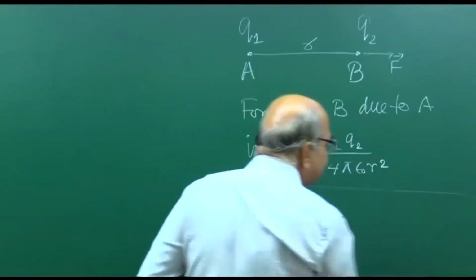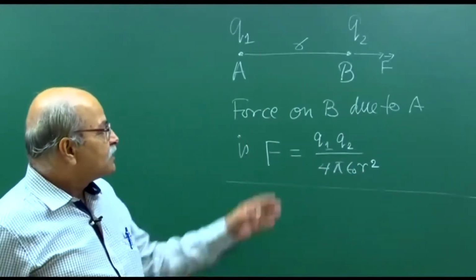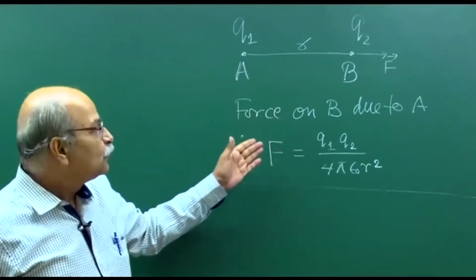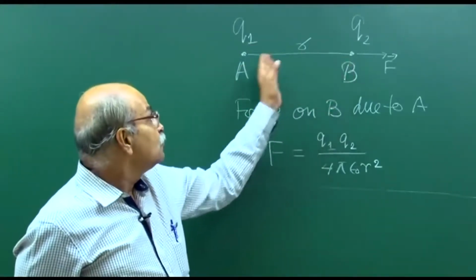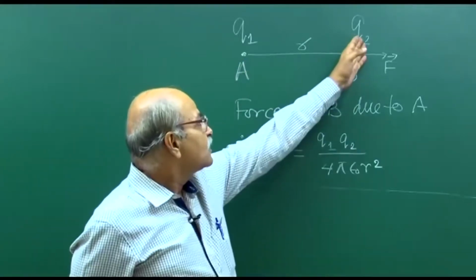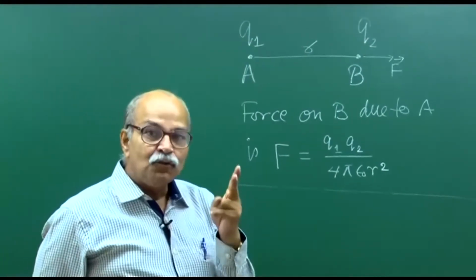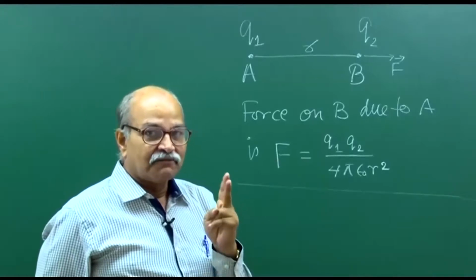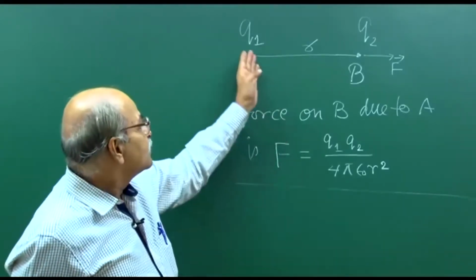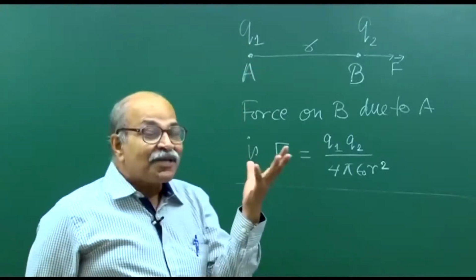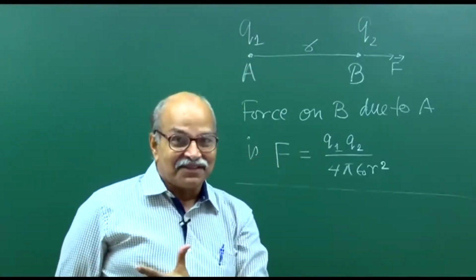All right. What I want to emphasize is that this is essentially a two-step process. Force on B due to A, force on this charge due to this charge, is essentially a two-step process. The first step is that this charge Q1 produces something called electric field.